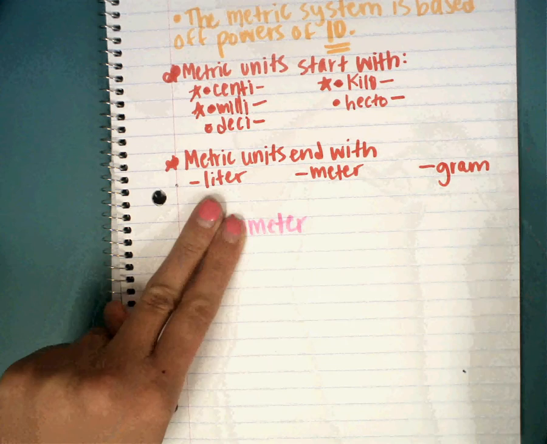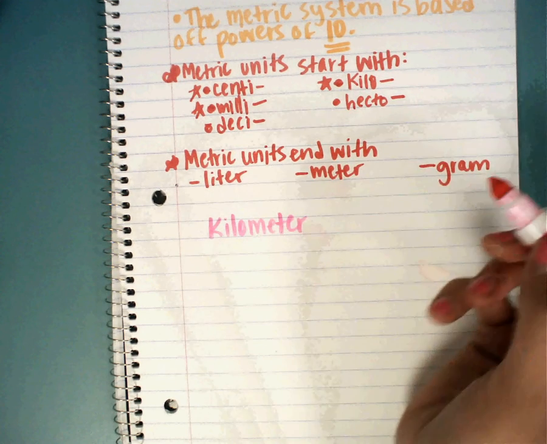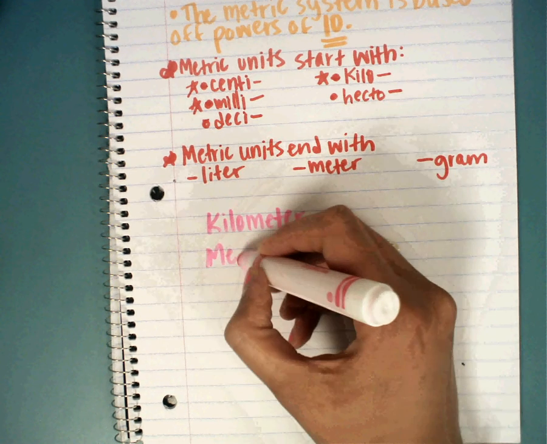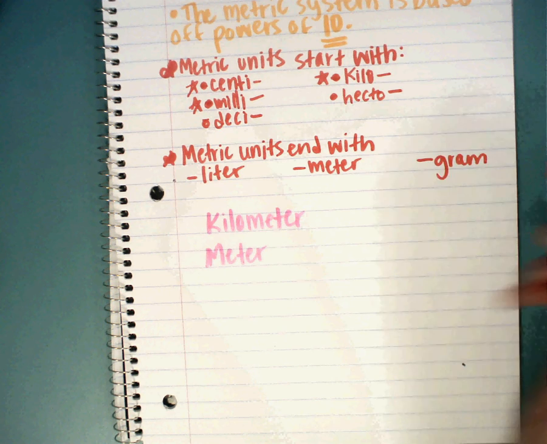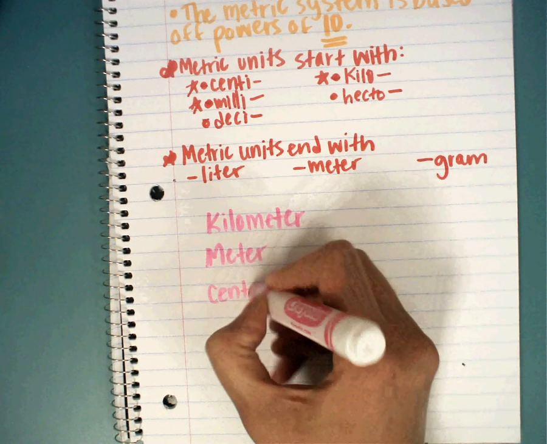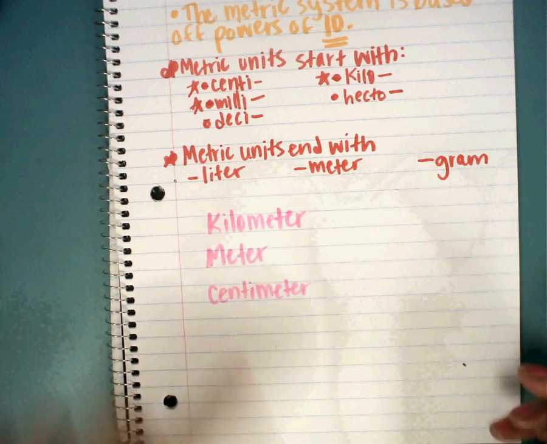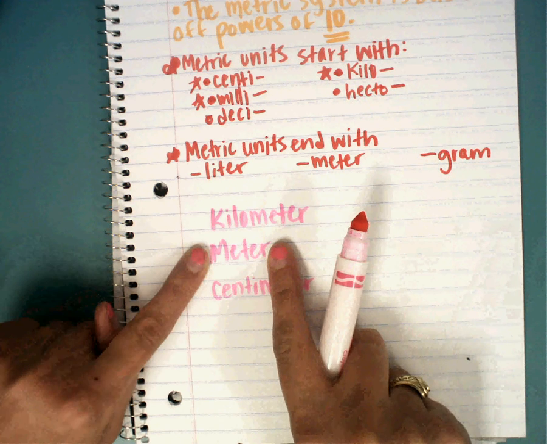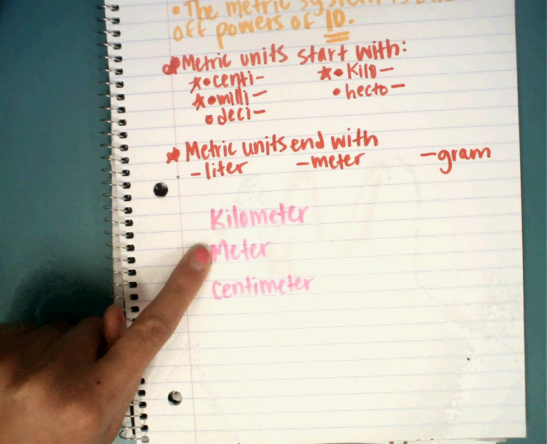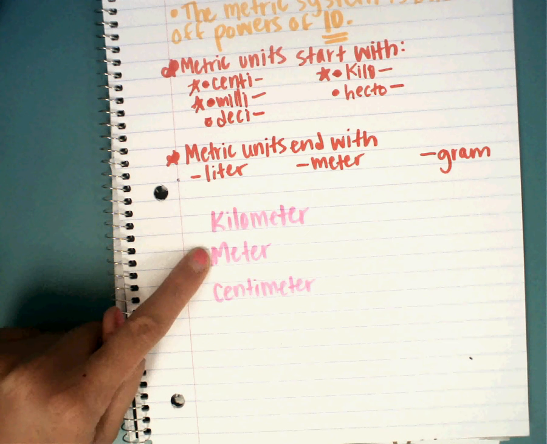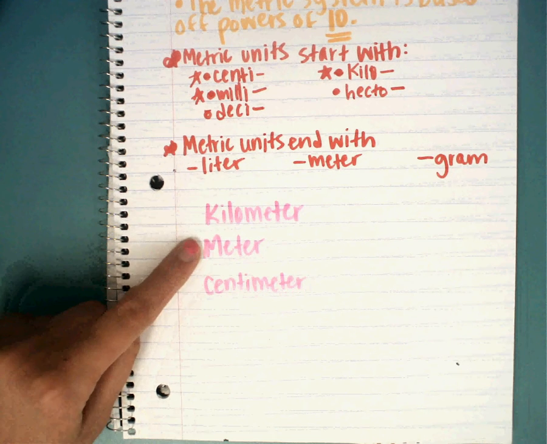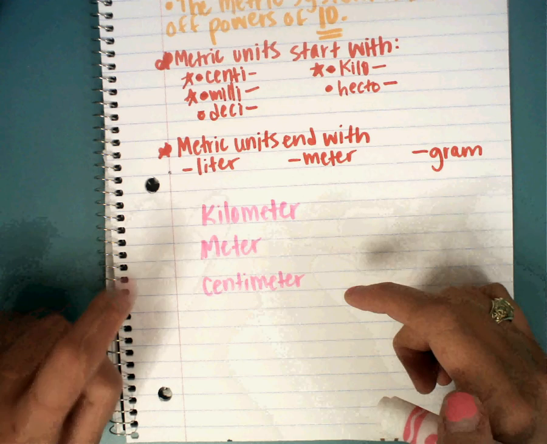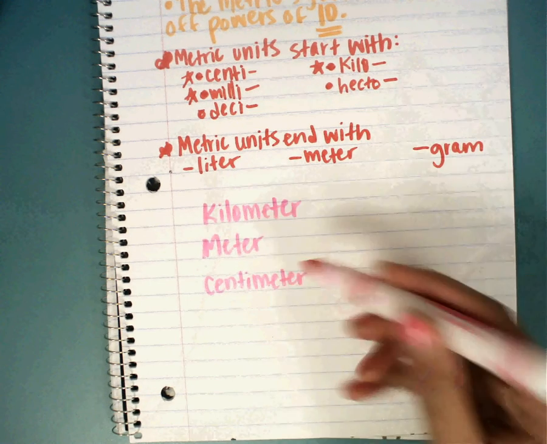The next thing would be a meter. The next thing would be a centimeter. The ones in the middle would say either meter, liter, or gram. That would be our base measurement, so it's what we base everything else on. It doesn't have anything in front of it. It's just a meter, a liter, a gram. Then centimeter, and finally millimeter.